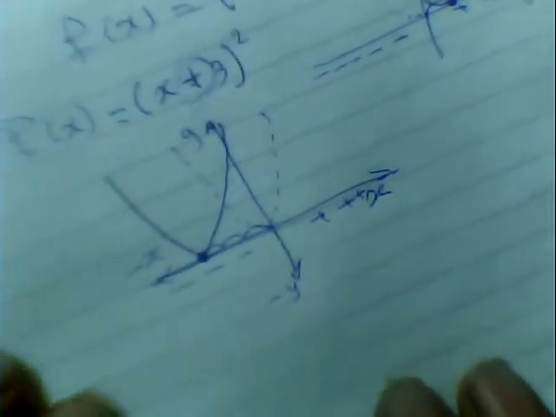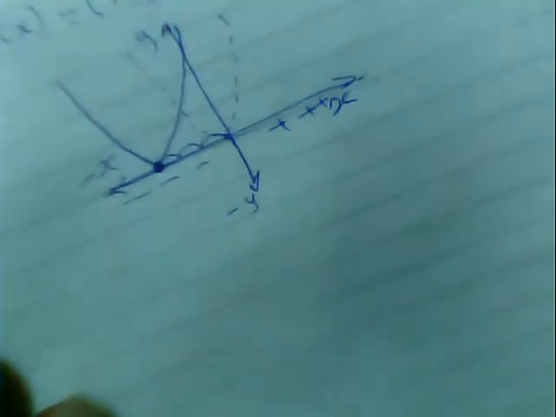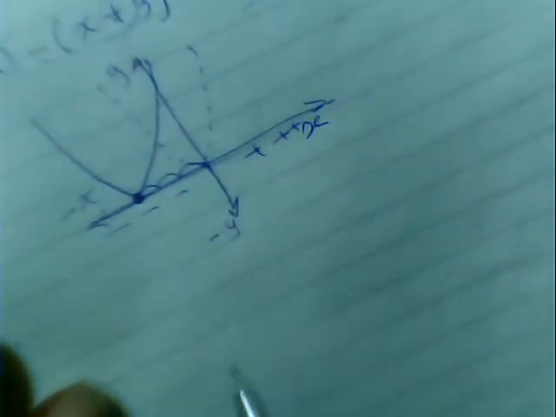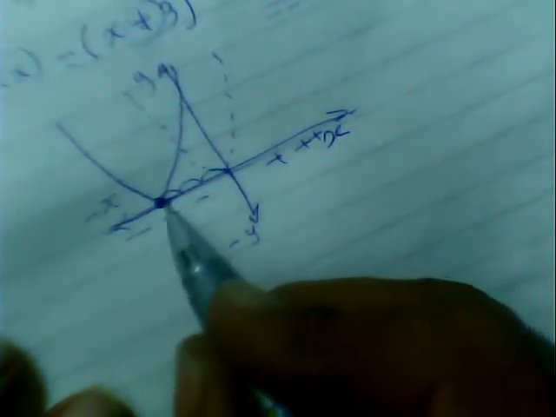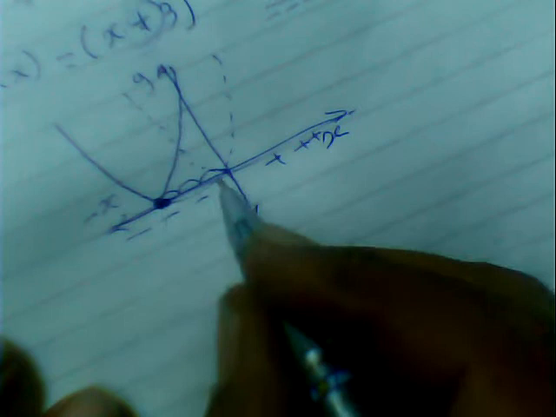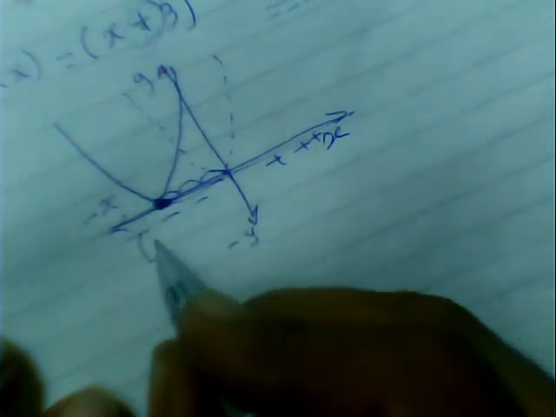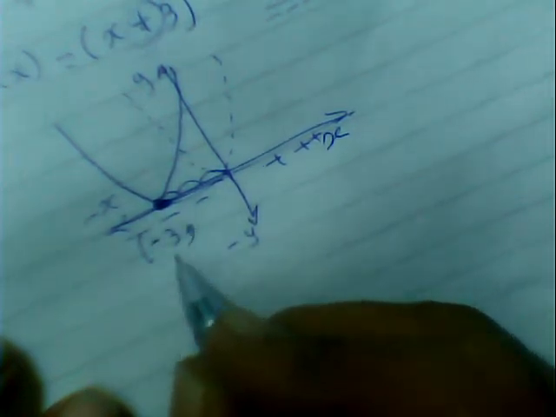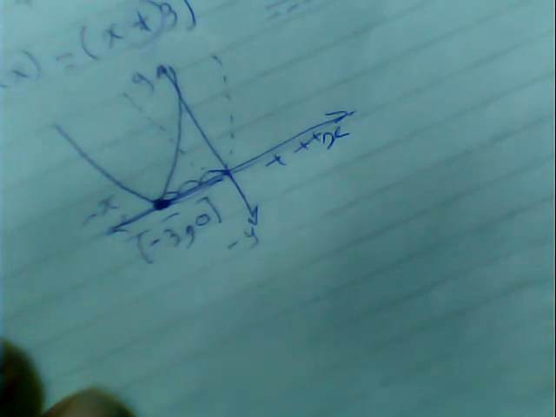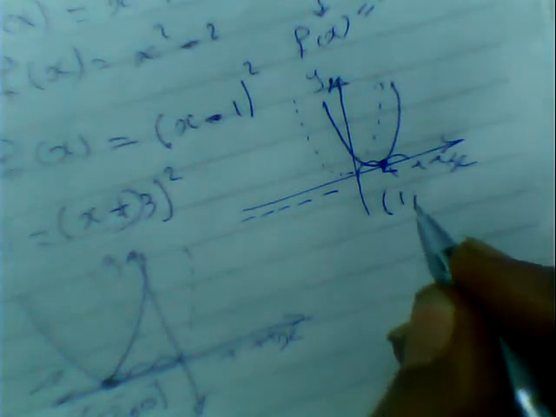That is the method I explain for you, how you can draw faster like this. We call this point the vertex. Here the vertex is minus 3 and 0, but for x minus 1 squared the vertex is 1 and 0.